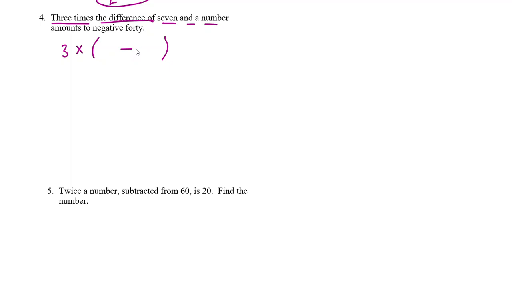So the two things being subtracted are the number 7 and another number which we don't know. We'll just call it n. Amounts to, oh that's clever, amounts to equals is negative 40. So there we have it. 3 times 7 minus n equals negative 40.